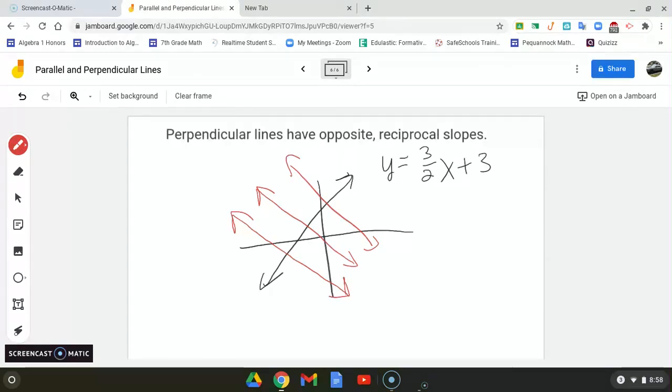So if our slope for this first one was a positive 3/2, you should be able to see that the slope of a perpendicular line has to be negative, right? That would make sense. So they have opposite, which would mean the negative, the opposite sign, reciprocal slopes. The reciprocal just means that instead of rise over run, you're going to do run over rise, so to speak.